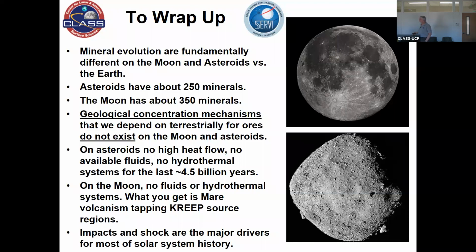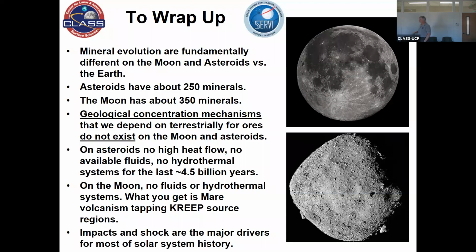So on asteroids, no high heat flow, no available fluids, no hydrothermal systems for the last 4.5 billion years. Your last hydrothermal system was this modest aqueous alteration we get in carbonaceous chondrites. That was a long time ago.